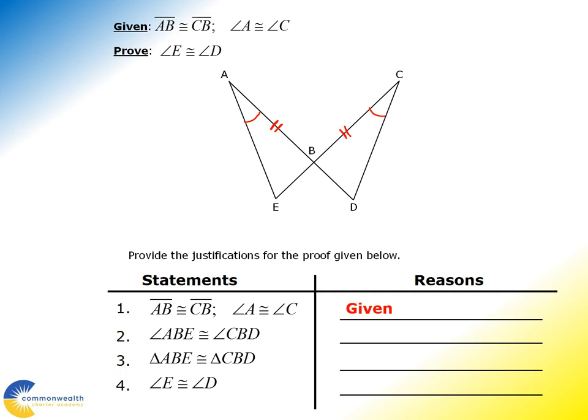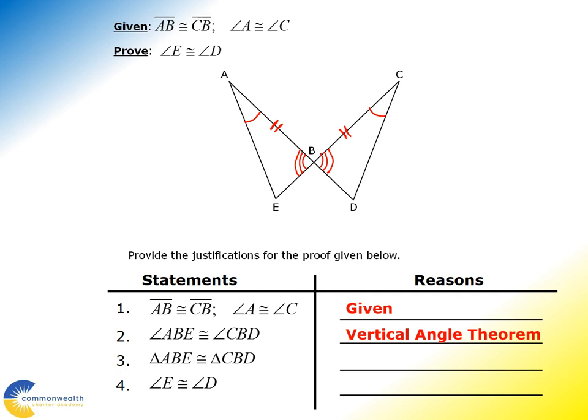The next thing it says is that angle ABE and angle CBD are congruent. And I can see those are vertical angles, and that's why they would be congruent by the vertical angle theorem. So I know those two angles are congruent. Now, for 3, we are stating that the triangles are congruent to each other. So at this point it has to satisfy some pattern that we're used to seeing that would establish congruence.